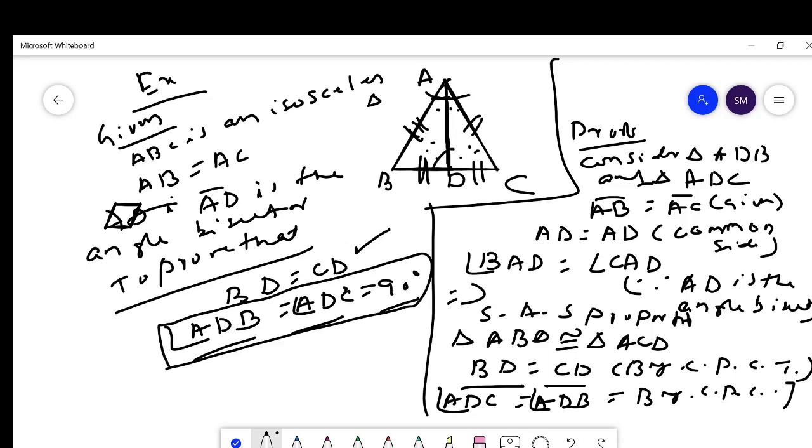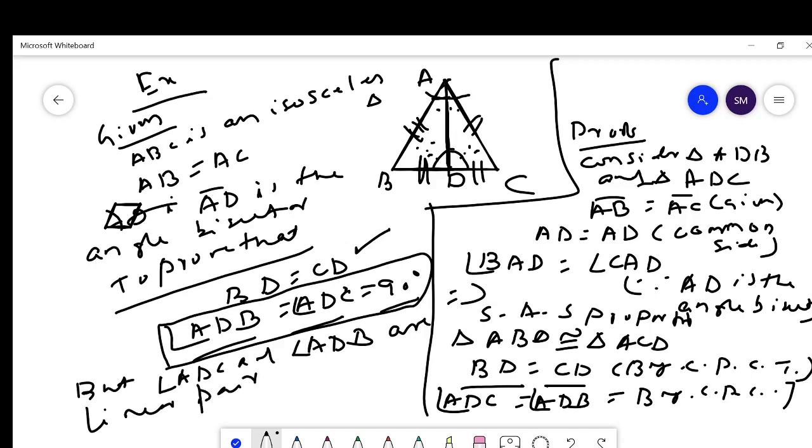But these two angles, angle ADC and angle ADB, are a linear pair. Linear pair means their sum is 180 degrees, and they are equal in measure, meaning they are 90 degrees each.